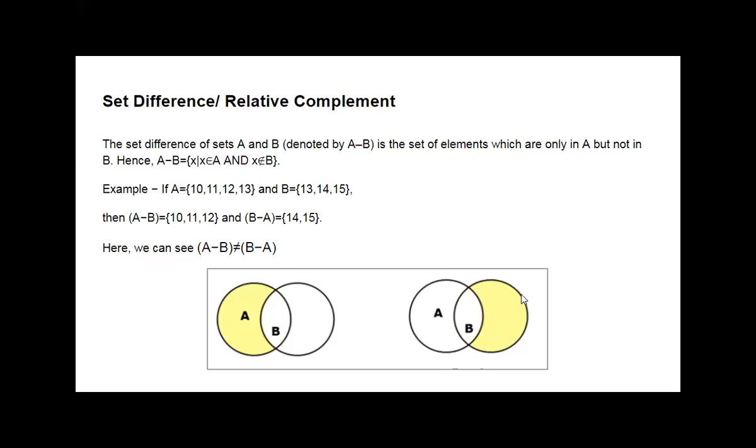So it is B minus A. In A minus B we have to consider the elements of A which are not in B. Common elements and elements of B we are not going to consider. In B minus A, common elements of A and B and elements of A we are not going to consider. We are going to consider only the elements of B. So we can see here A minus B is not equal to B minus A.